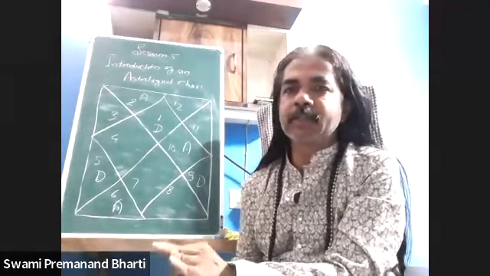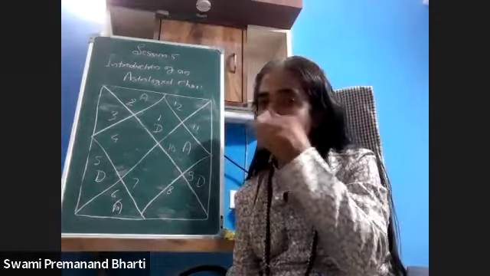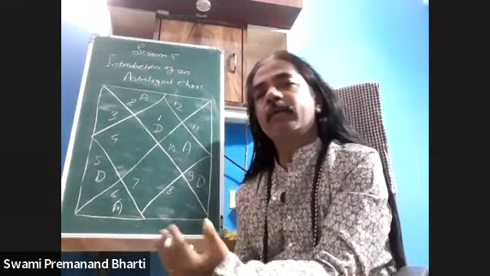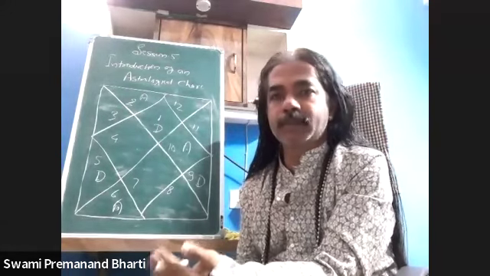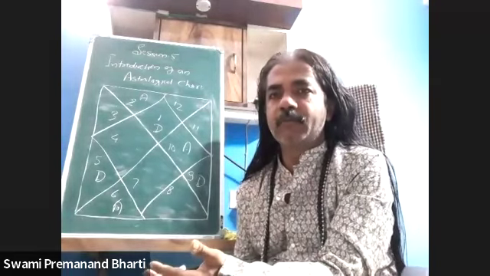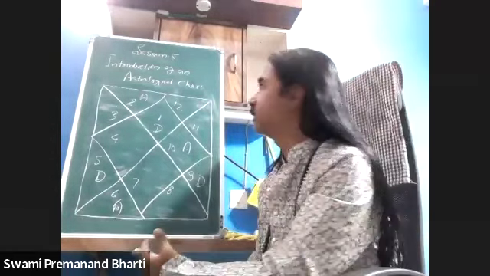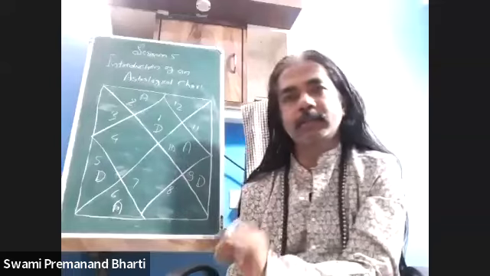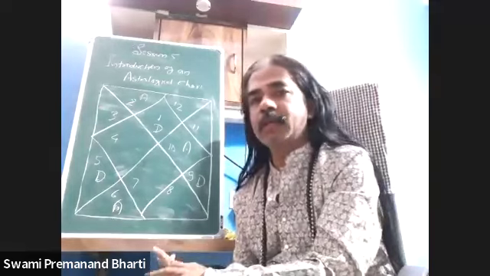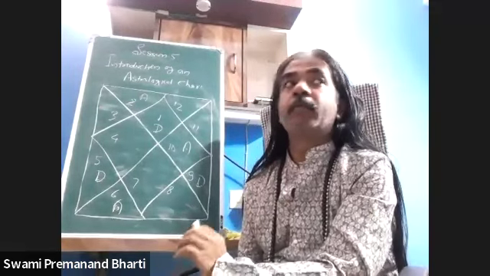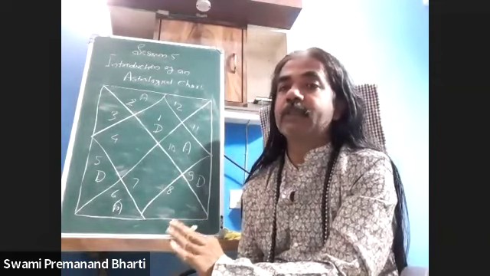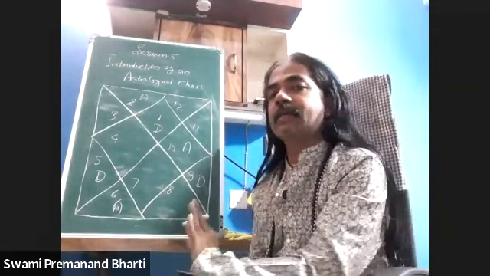One literal translation of Artha is money, economics, Artha Shastra. But the other meaning of Artha is purpose. What purpose you are fulfilling in this life can also be seen from these three houses: second, sixth, tenth. So Dharma houses show your righteous path. By following that righteous path, what purpose you are going to fulfill is seen from second, sixth, and tenth.